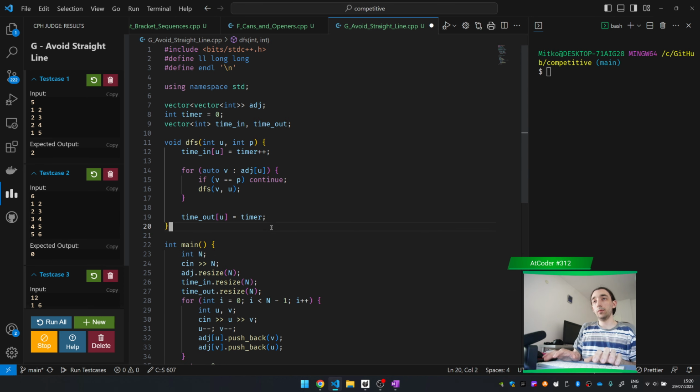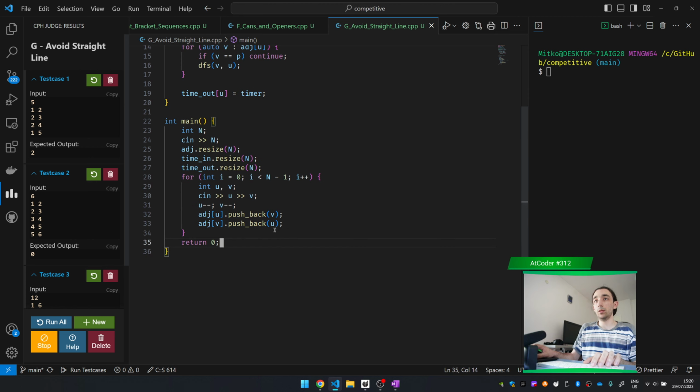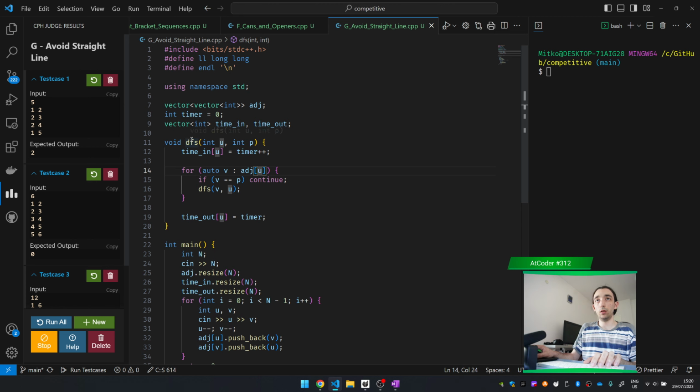Okay, so we have this, and then now we want to say, okay, so we have this U here. The subtree of U is between these 2 points, between this time in and time out.